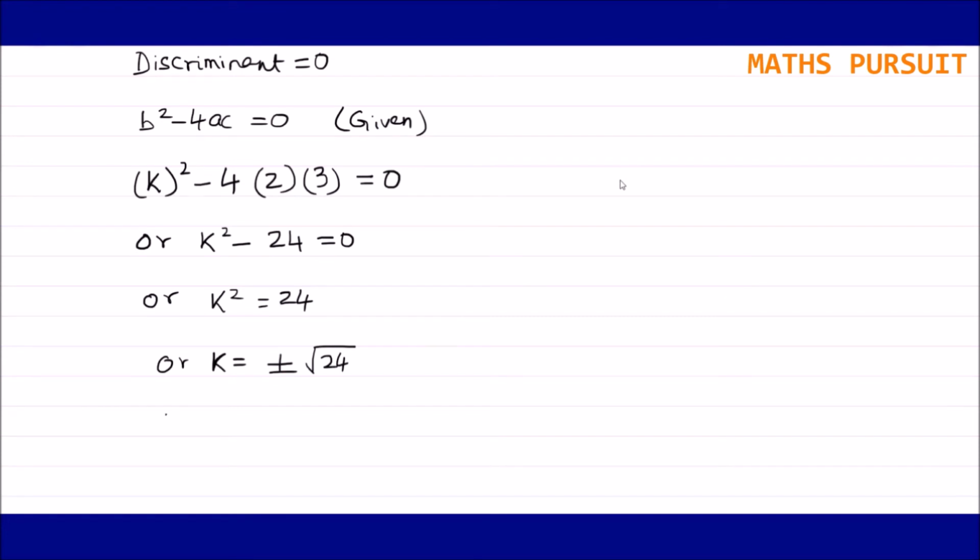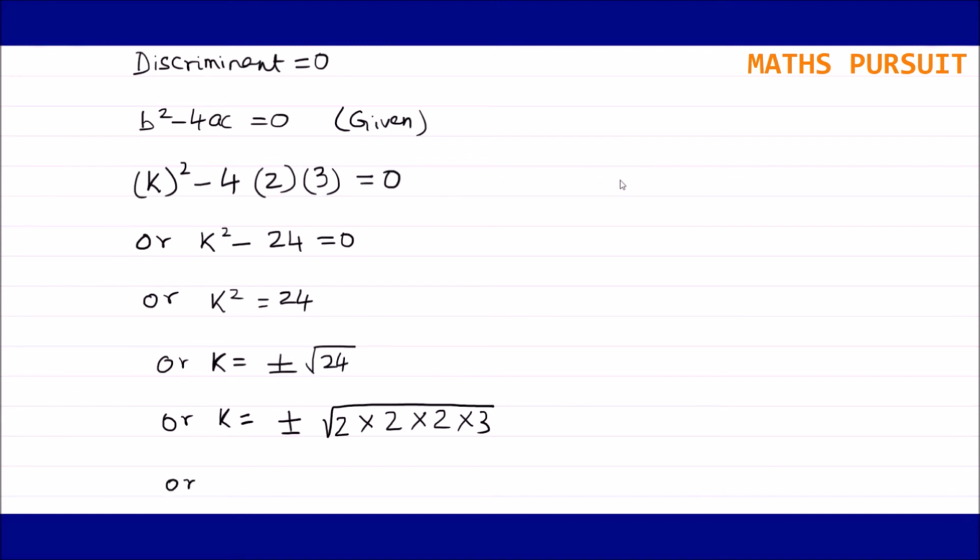Now let us further solve this question. I can write k is equal to plus or minus root over 24. Let me factor the 24 like this: 2 into 2 into 2 into 3. So guys, you could see that I have factored 24 like this: 2 into 2, 4, into 6... 4 times 6 is 24.